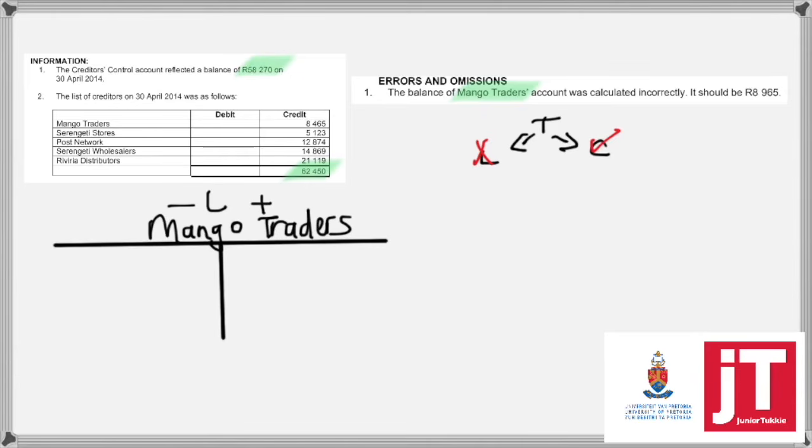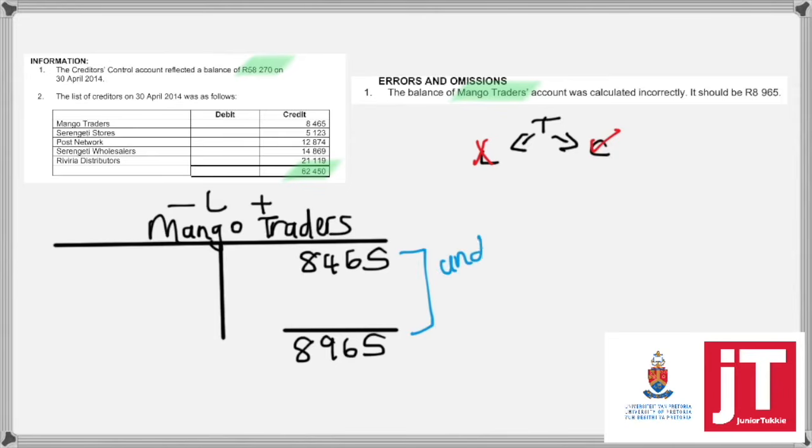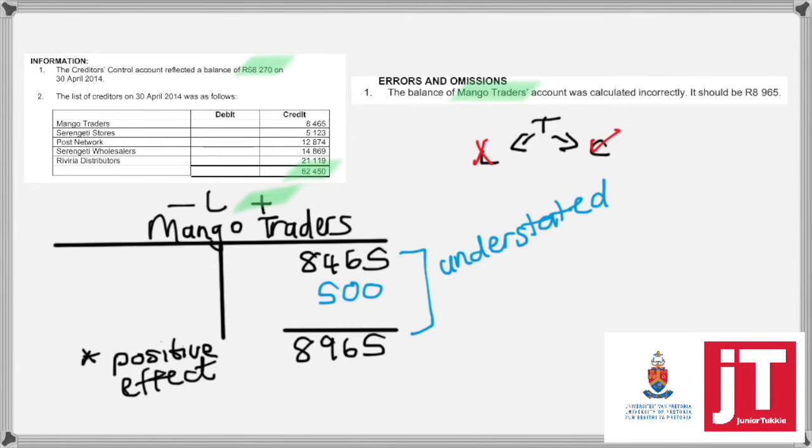The balance according to the list of creditors on 30 April is 8,465. It should be 8,965. We have understated the total by 500. We owe them more money. This is why it will have a positive effect.